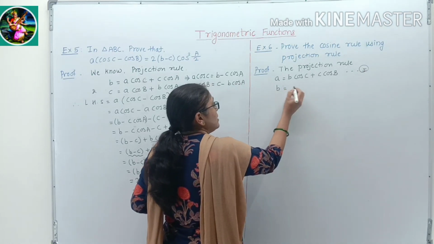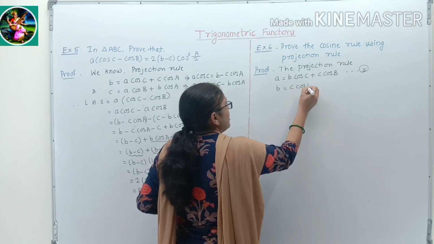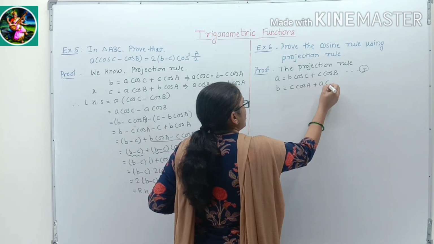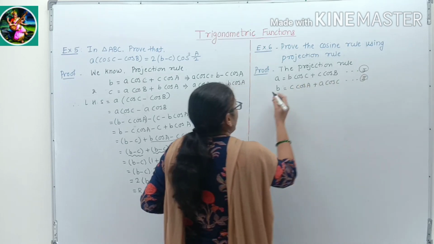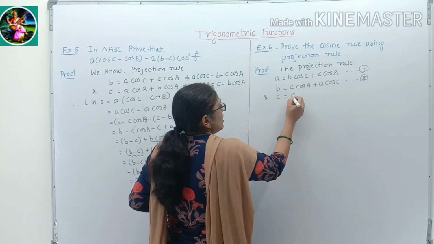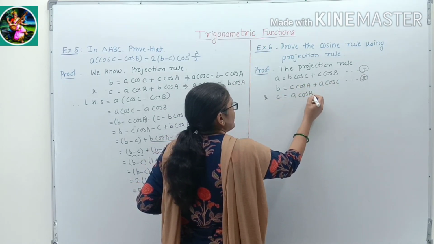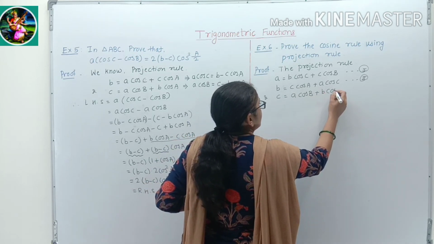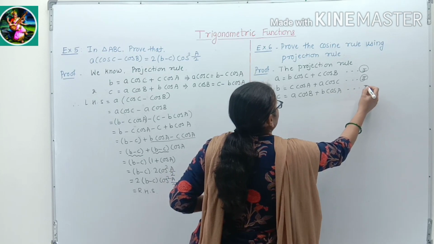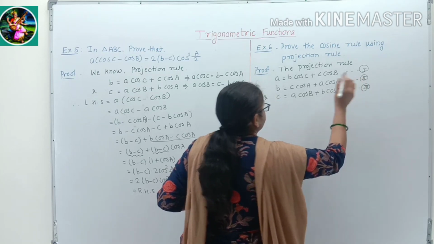Then b is equal to c cos A plus a cos C, equation number 2. And c is equal to a cos B plus b cos A, equation number 3.